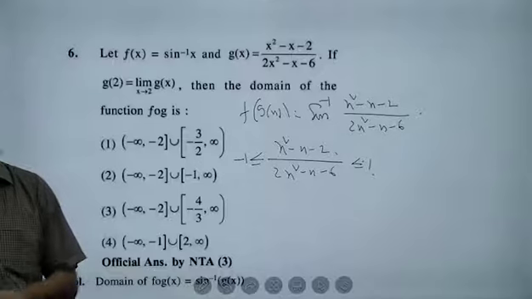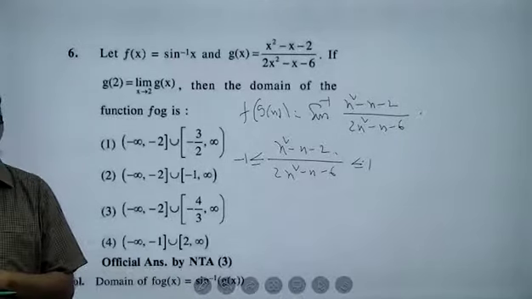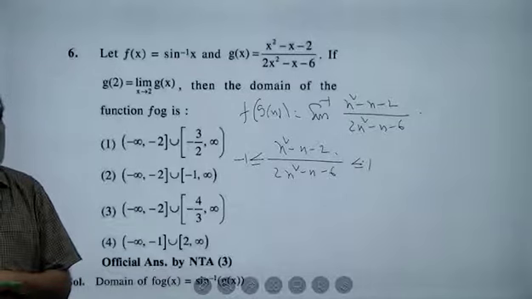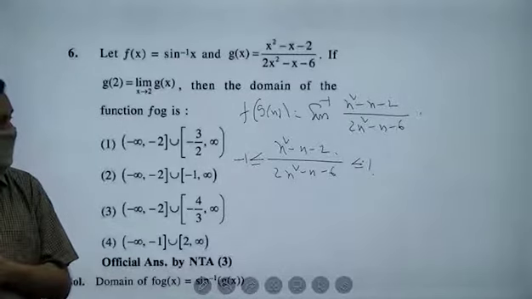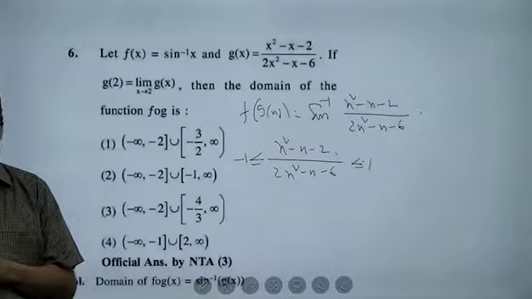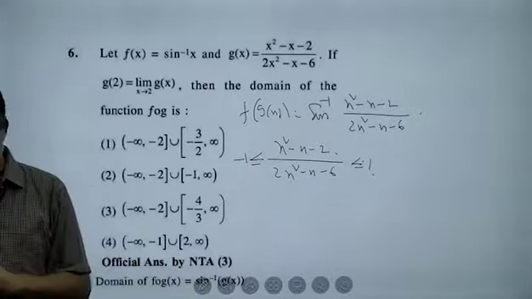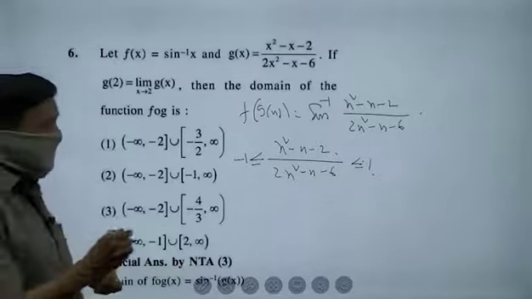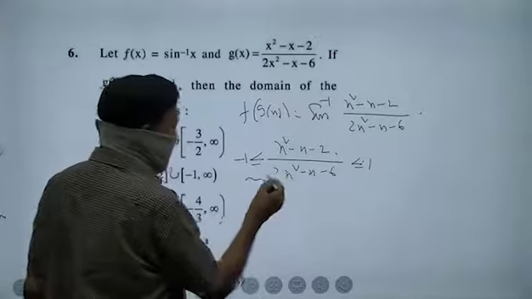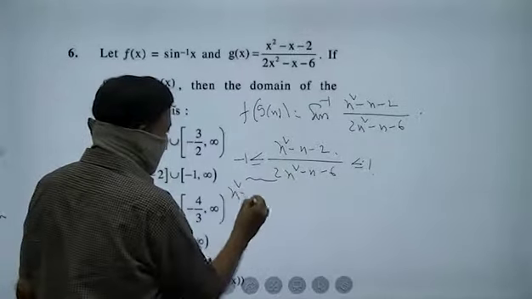You have to solve this inequality. So you cannot cross multiply here because delta of this is not less than 0. You have to separately solve. You have to separately consider this.